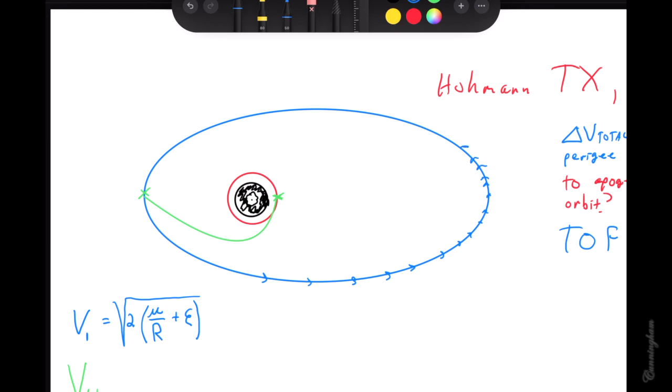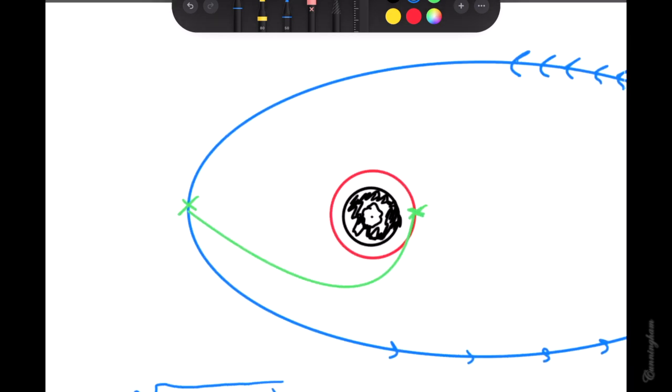And then the Space Force folks that are operating the satellite, or the company operators, let's just call it a Sirius XM satellite, are going to do a burn to take it from blue to red. So from the big elliptical orbit to the small elliptical orbit. And that burn is going to take place right at this green X.